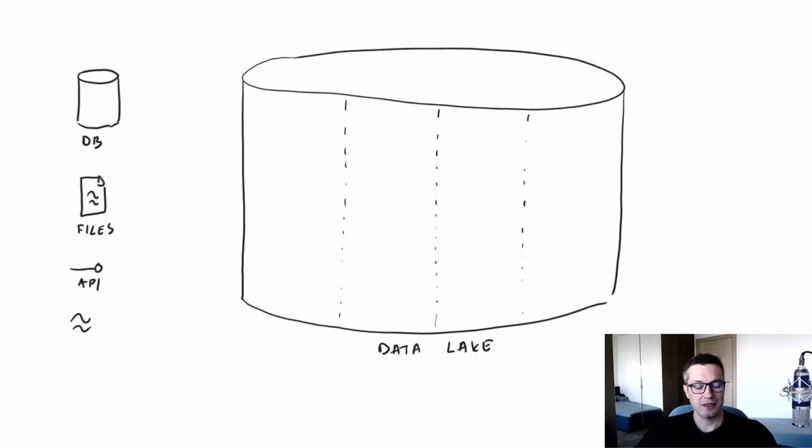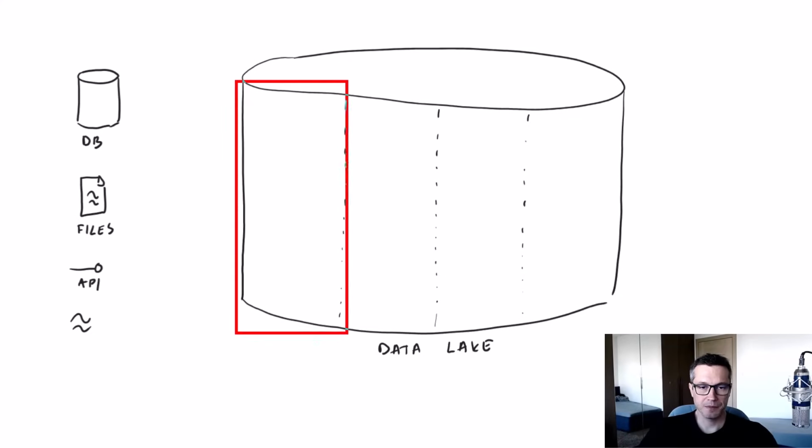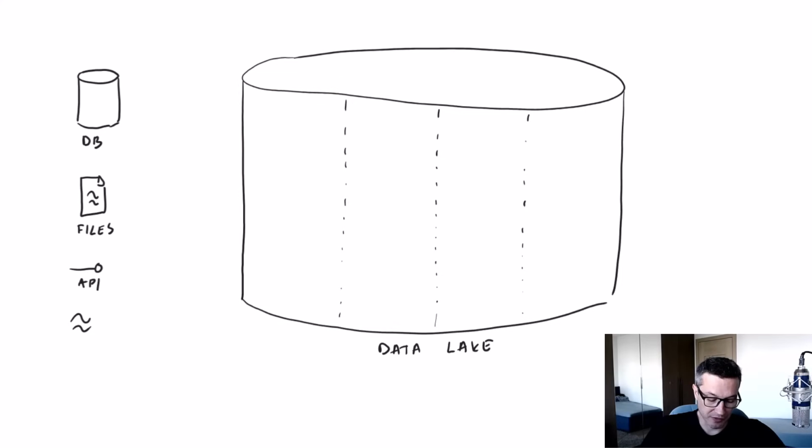But what I will add at the beginning here is this landing or raw layer, where we just dump the data as it is, without any transformations. Let's call it raw. And we know that we will store this data as files, as JSON, Parquets, CSVs, whatever, the type that corresponds to the original data type.